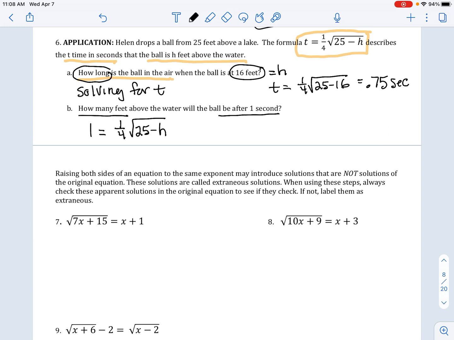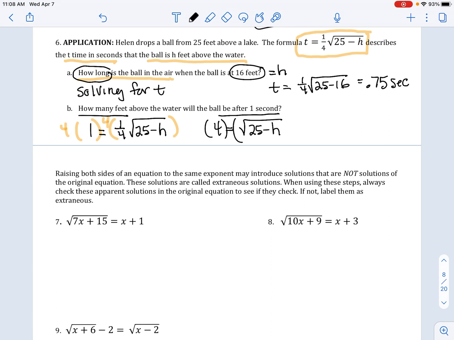We're going to isolate the radical first. So that means that we're going to multiply both sides by 4. In multiplying both sides by 4, we end up with 4 equals, and 4 times 1/4 is 1, root 25 minus h. And so now we have isolated the radical.